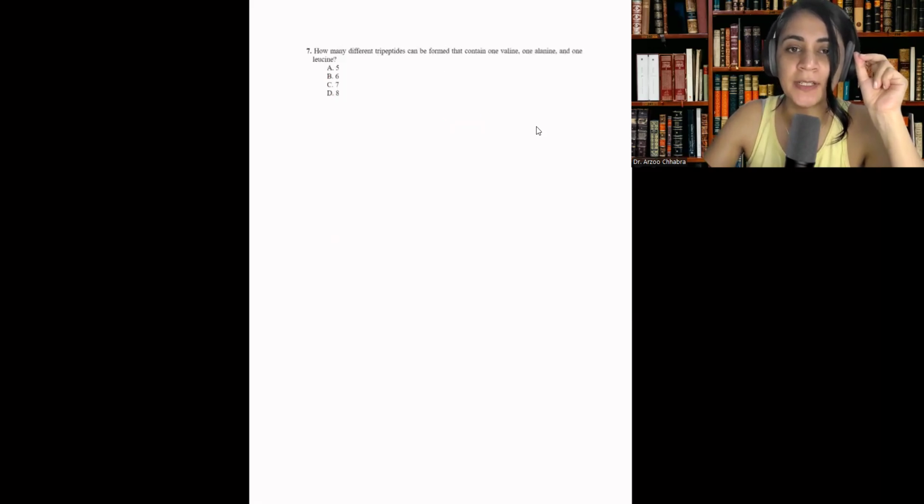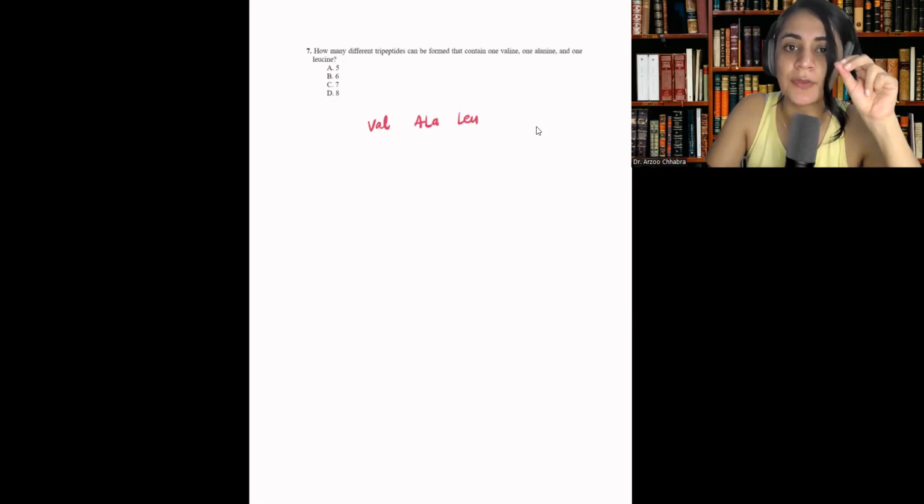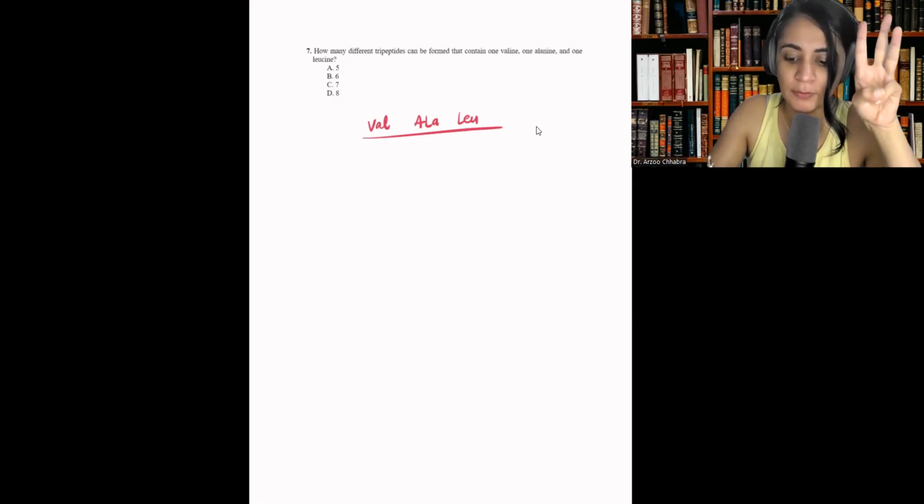How many different tripeptides can be formed containing one valine, one alanine, and one leucine? Okay, so if you have three different amino acids, then you can form 3 factorial combinations.